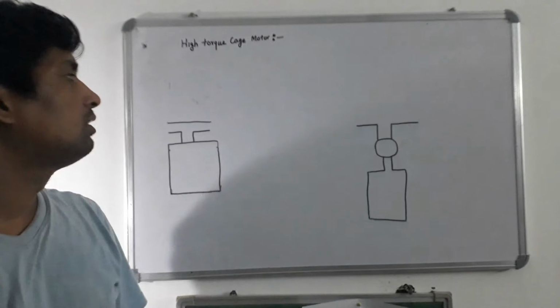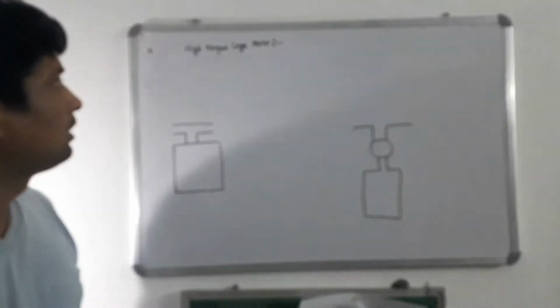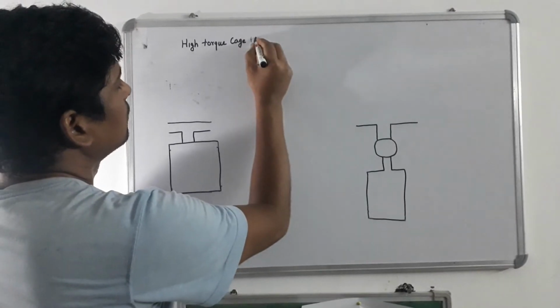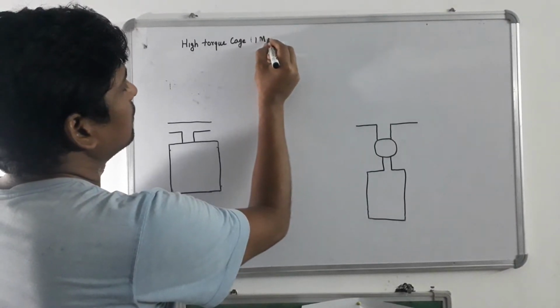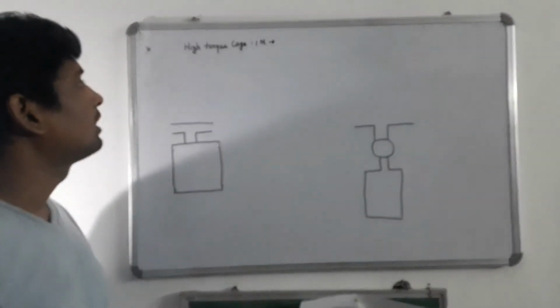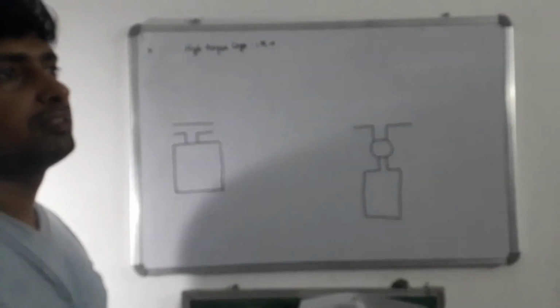Today we will discuss the high torque cage induction motor. If we are talking about the high torque cage induction motor, there are two types of rotor used for high starting torque.